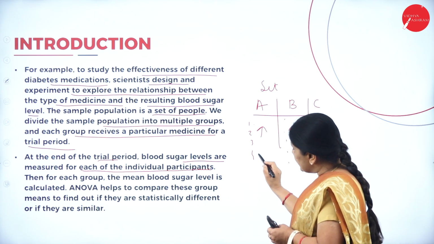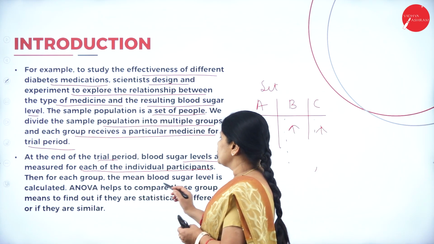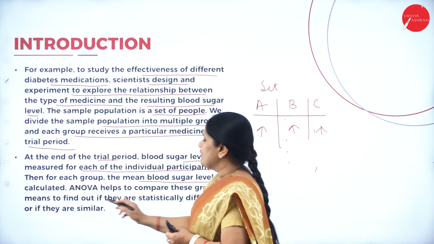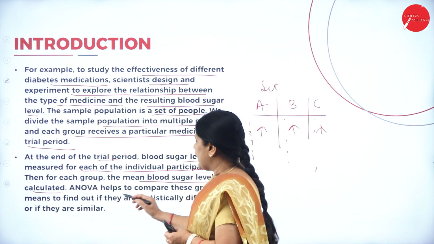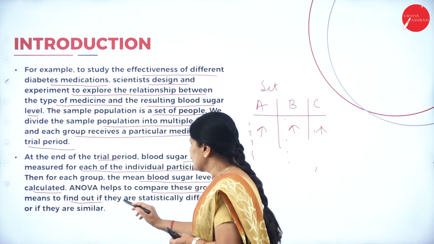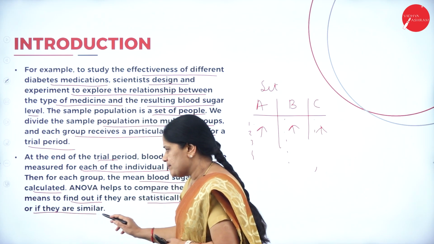Now, for each of the individuals, we will be calculating the blood sugar level. Then for each group, the mean blood sugar level is calculated. ANOVA helps to compare these group means to find out if they are statistically different or if they are similar.